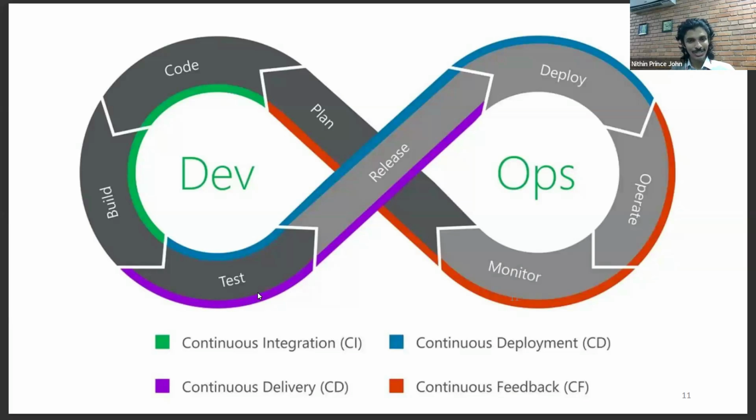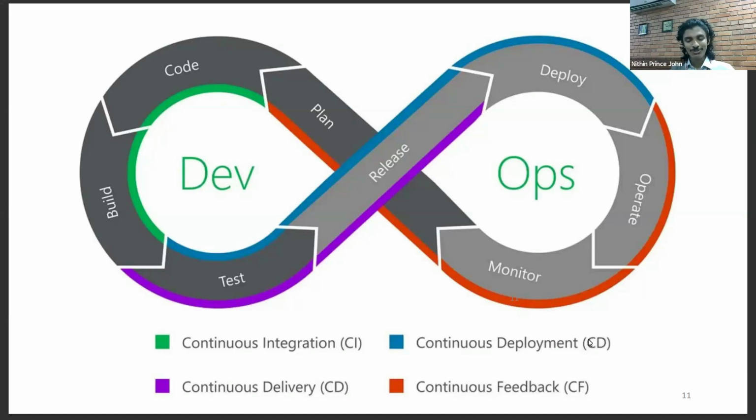All these things will be automated, and finally, we make sure that everything is perfectly right. Up to the release phase, if we go with an automated way, then we can call it continuous delivery. And then what is continuous deployment? Whenever we start from the coding phase, it goes through the build phase, test phase, release phase, and deploy phase. If all the things are going in an automated way, we can call this continuous deployment.